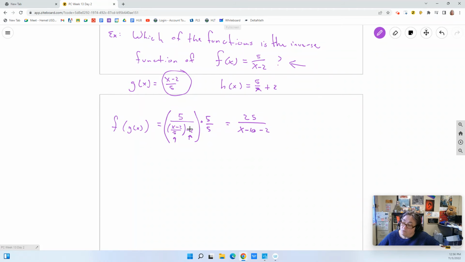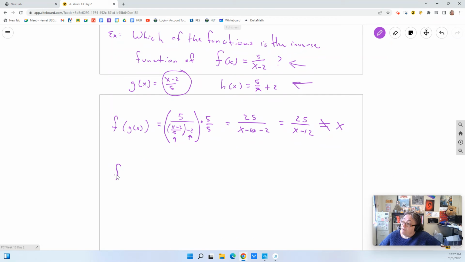But ultimately all we did was get rid of that 5 on the bottom, which gives us 25 over x minus 12. The important thing is what it doesn't give me is x. If it was the inverse, my solution would have been x. Does that make some sense? A little bit? So what does that leave me having to do? It leaves me having to plug in h and see if that works.